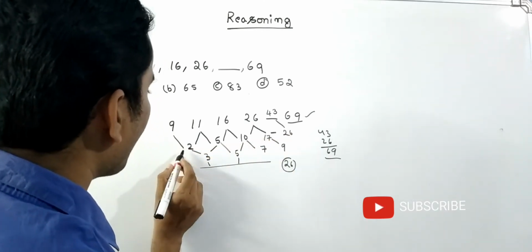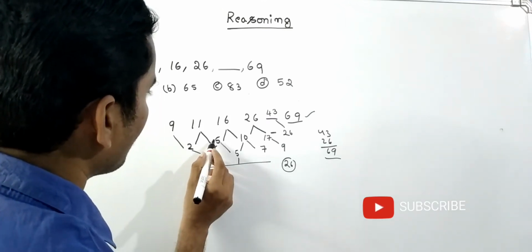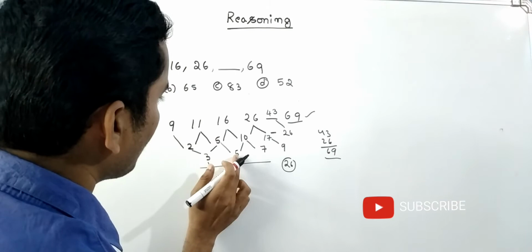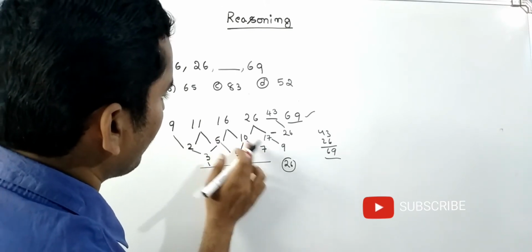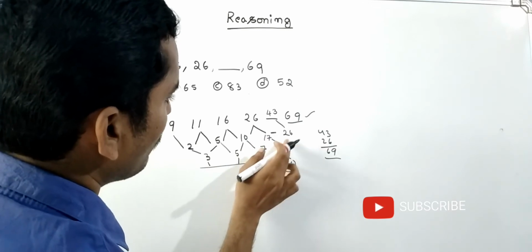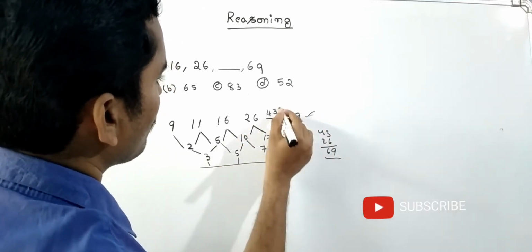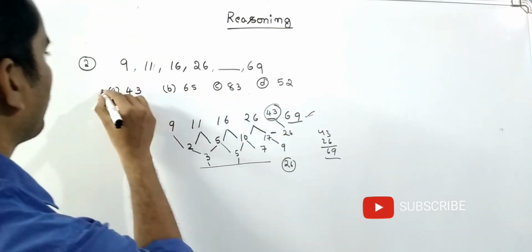Then again he is adding odd numbers. See friends, 2 plus 3, 5. Next odd number 5. Again 5 plus 5, 10. Next odd number 7. 10 plus 7, 17. Next odd number 9. 17 plus 9, 26. Then he is adding 26 to 43, then 69. So the answer is 43.